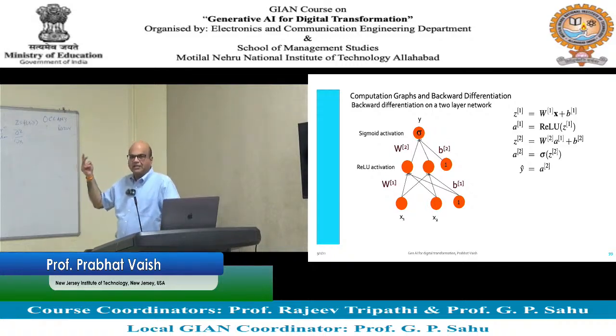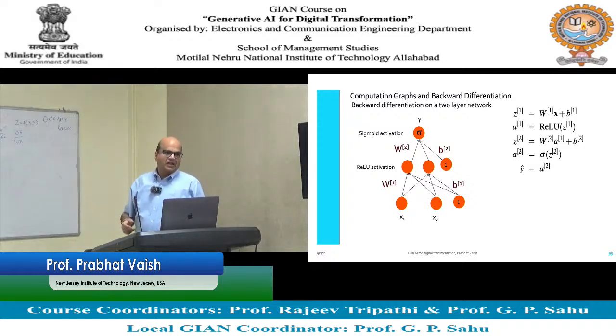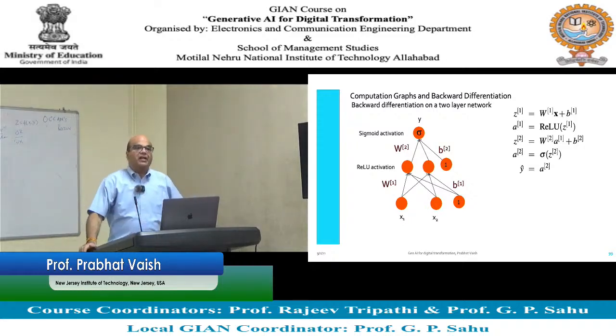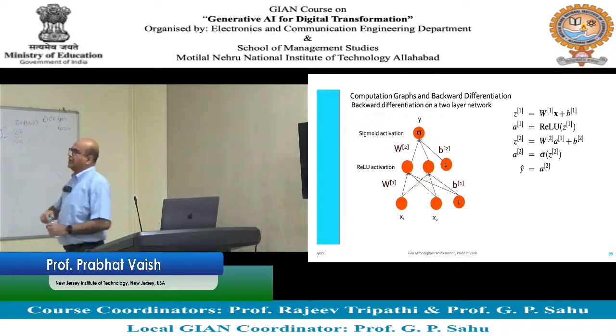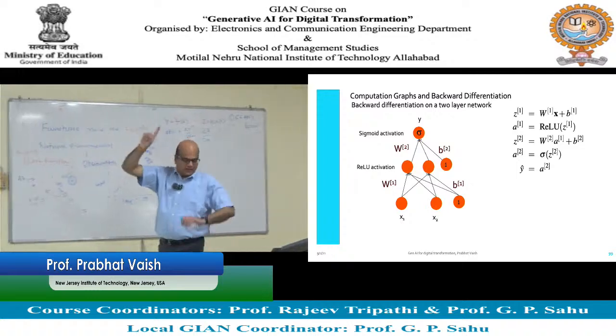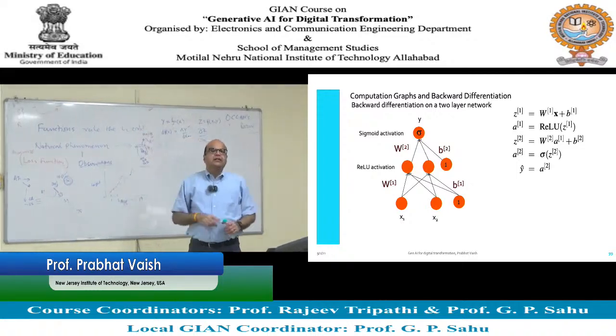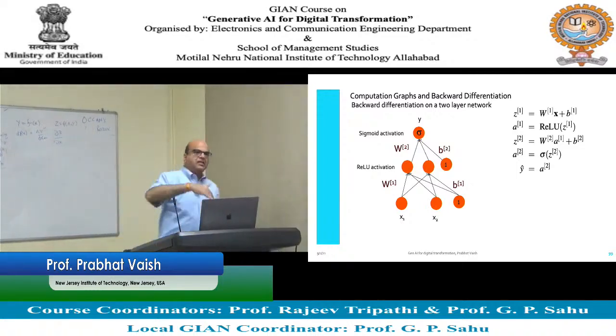The hidden layer has ReLU activation and the output layer has sigmoid activation. You should very easily get it. Okay, it looks like a classification network, because your answer is giving you a single binary answer. Yes or no, in or out. So you should very clearly get it.